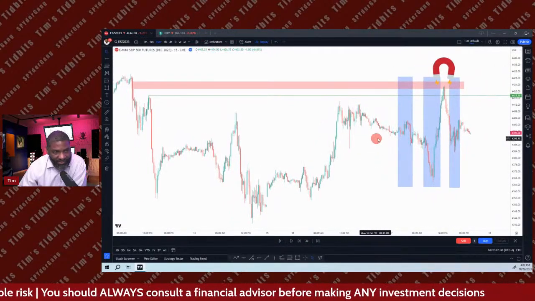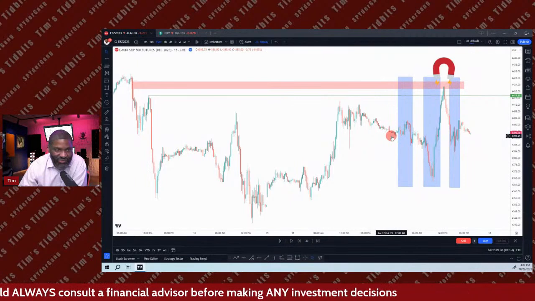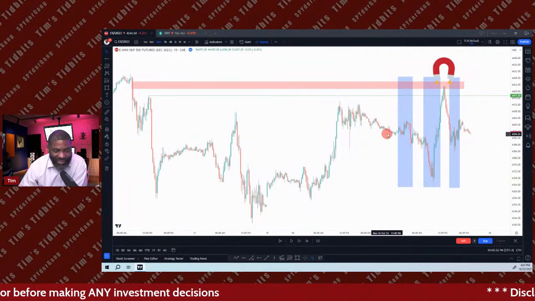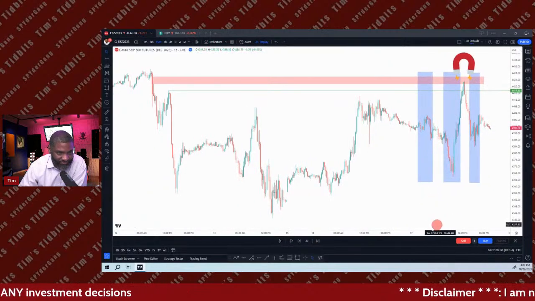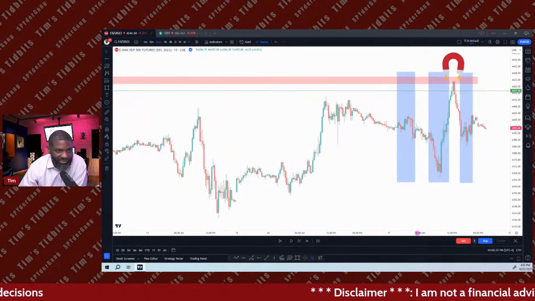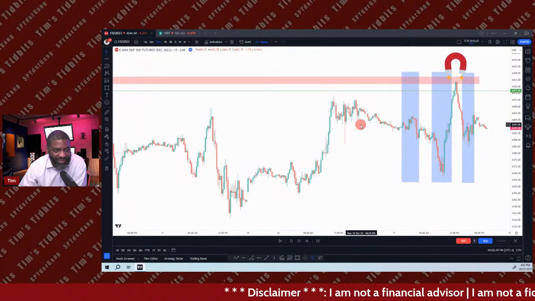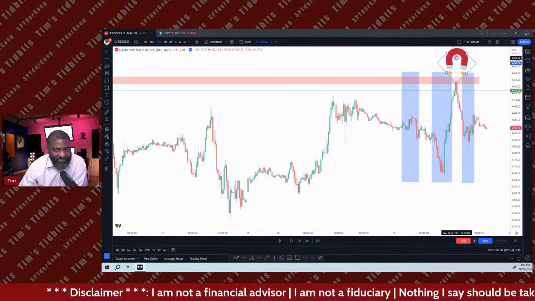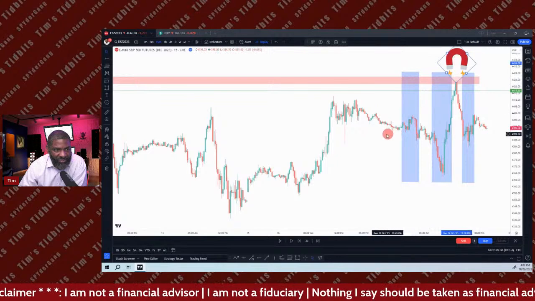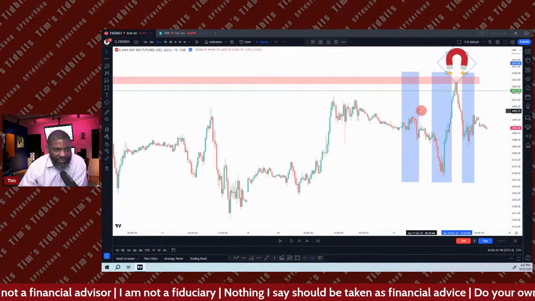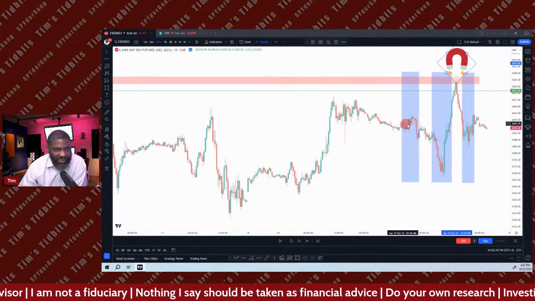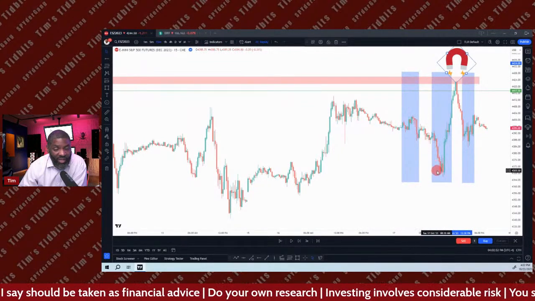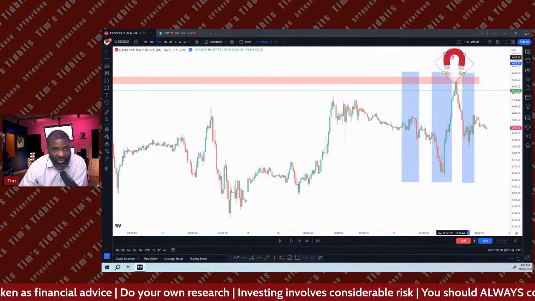Judas Swing. How do you identify the Judas Swing? So this is how you identify the Judas Swing. The draw is up there. So we're trading in this zone right there, and then we break away from the draw.